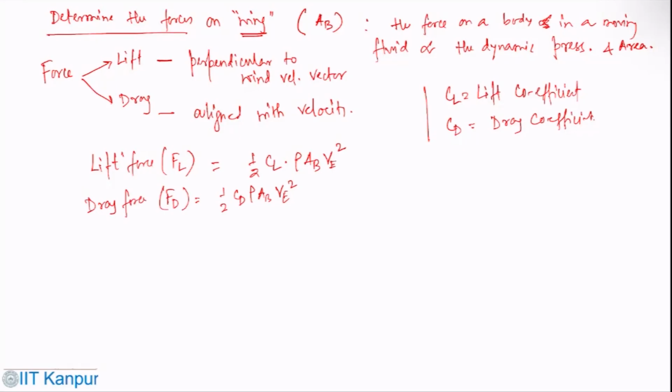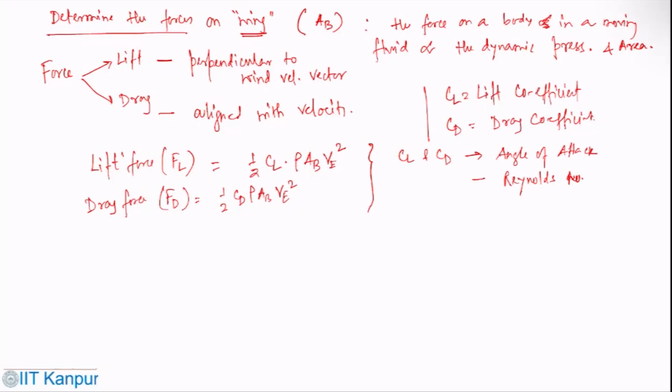Our CL and CD depend on the angle of attack, and they depend on the Reynolds number, which is essentially the effect of viscous force.